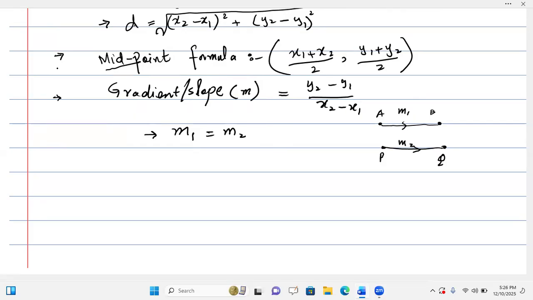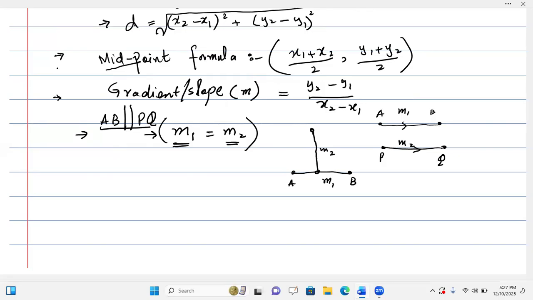And let's suppose line AB is taken in this form and the other line PQ is taken as perpendicular, and the line AB has the gradient M1, and this has the gradient M2. This was taken for AB and PQ, AB parallel to PQ, where both gradients or slopes are equal.